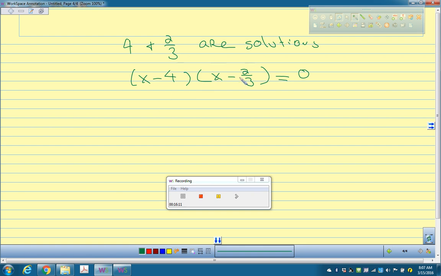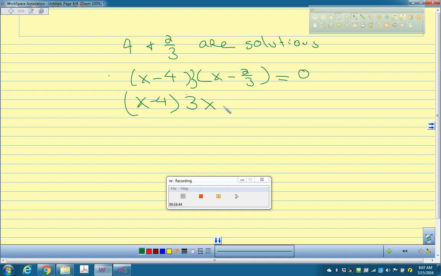But if I FOIL this out, I don't want to try to multiply 2/3 by everything. Like I said, I could put any number in front here and it'd still have those solutions. What would be a nice number to put in front to make that 2/3 go away? 3. You could put 2/3, but 3 would be easier. Because if I put a 3 right here, I get x minus 4 times 3x minus... what happens when I multiply 3 times -2/3?